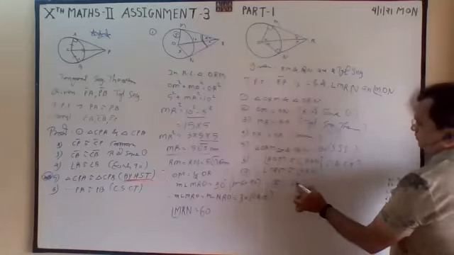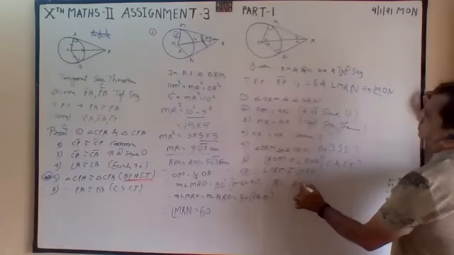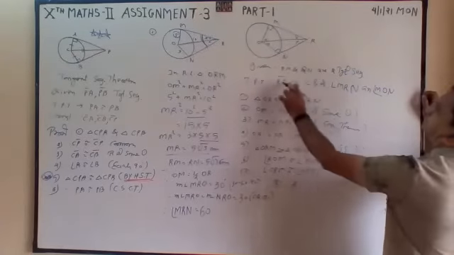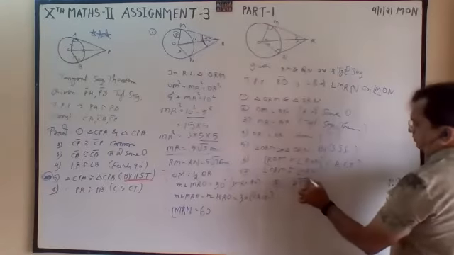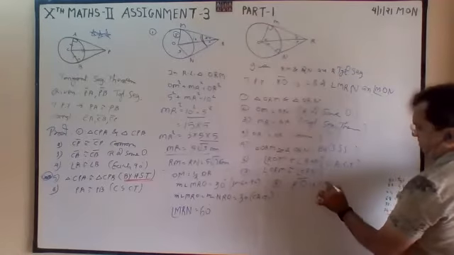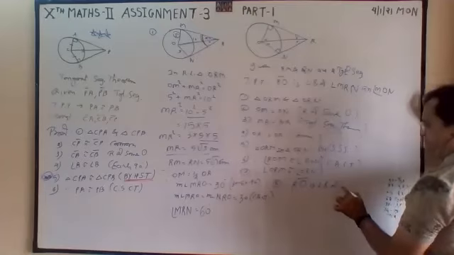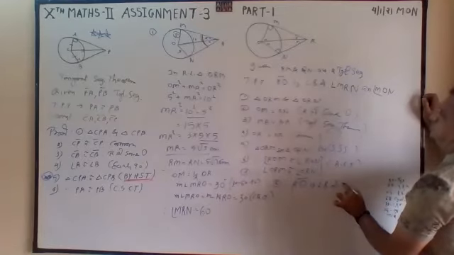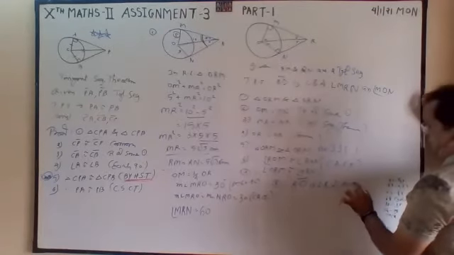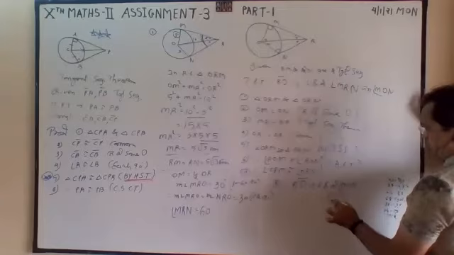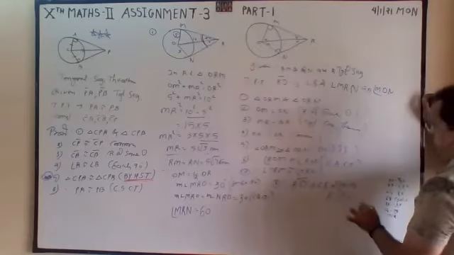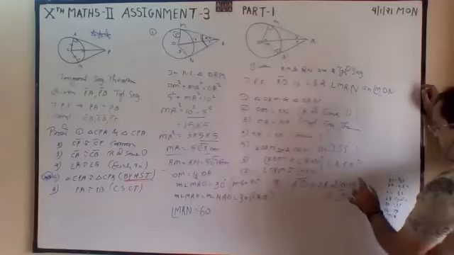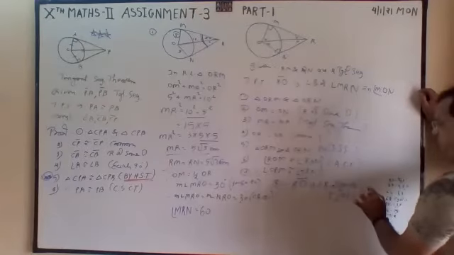So RO is angle bisector of from 6 and 7.